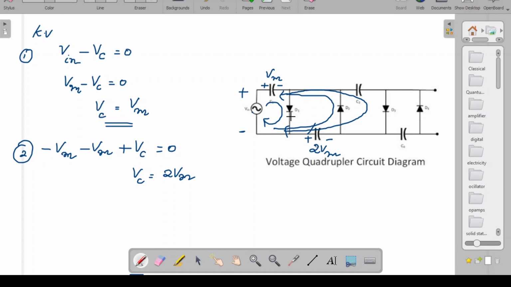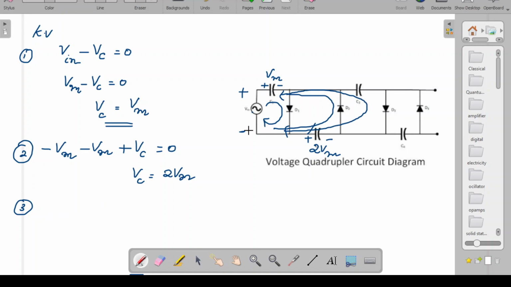Now again writing the Kirchhoff's voltage equation and finding how much this capacitor will get charged. You should understand that this capacitor is already charged to Vm. This capacitor's voltage drop across it is 2 Vm. Now both of them as well as the voltage source will actually act as voltage sources. So this voltage source, then this capacitor, and this capacitor will act as batteries. Now writing the Kirchhoff's voltage equation for this particular loop.